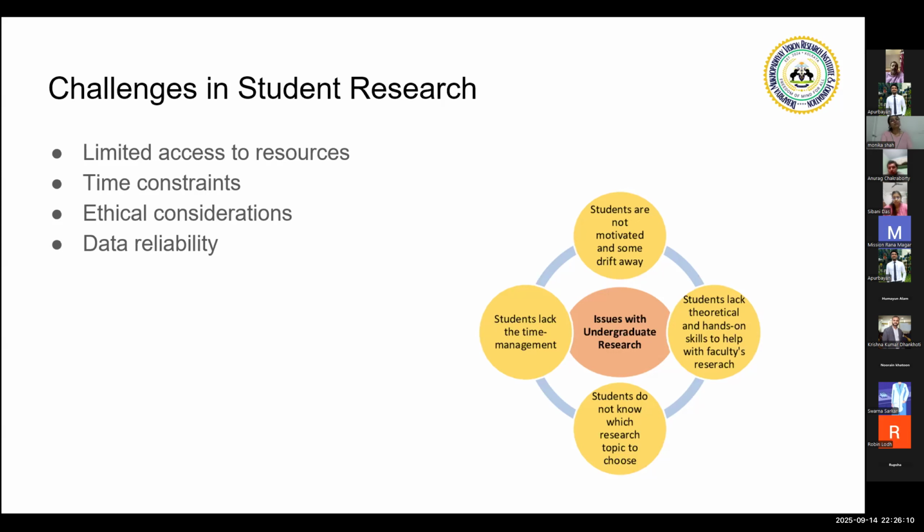Okay. Next comes what? Next comes data reliability. Yes. So data reliability factors are very crucial, because there are various ways to make a mishap.